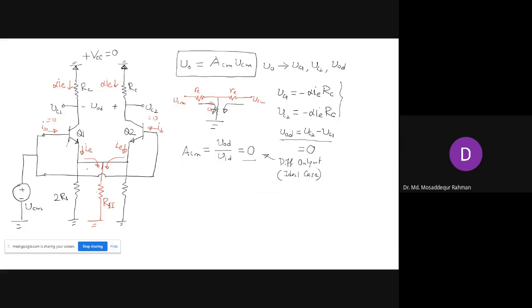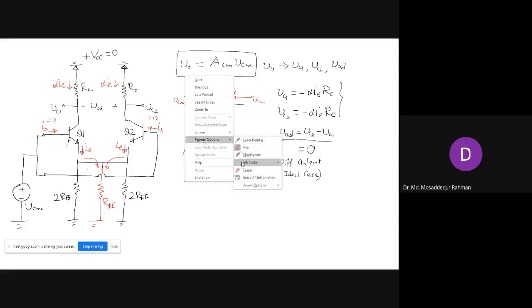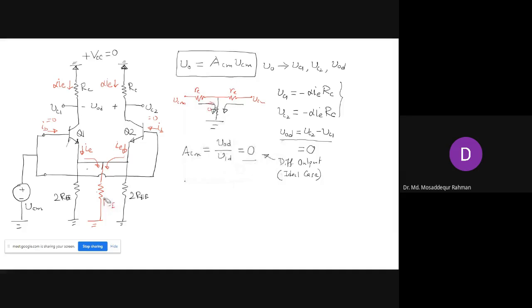So combination of these two should be RE. So now each of these should be 2 RE. So you take the parallel combination. The parallel combination will be just your RE. So we remove this.